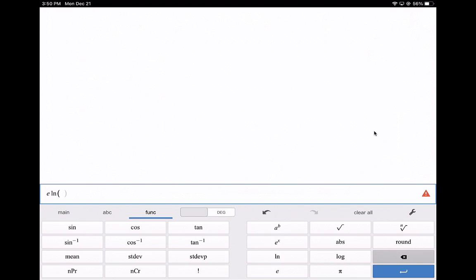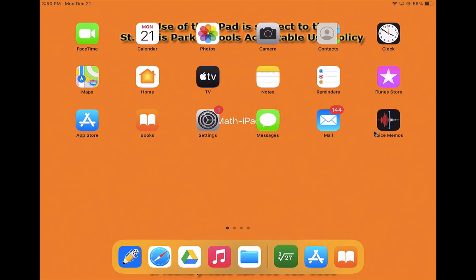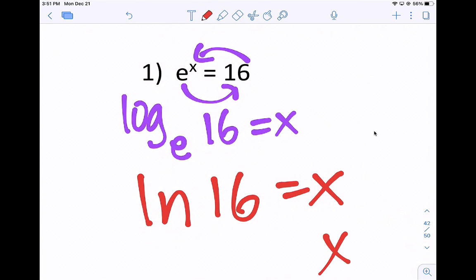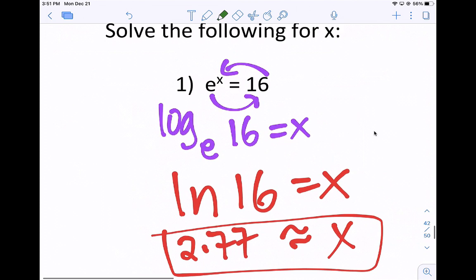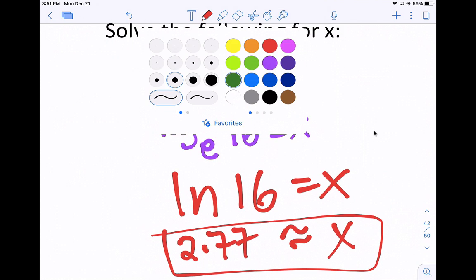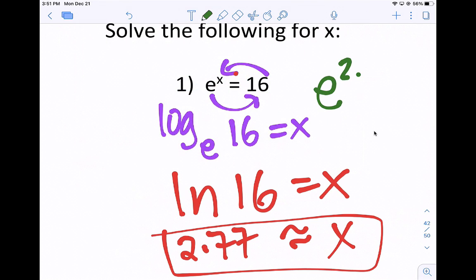Oh, let me delete this. All right, so ln of 16, and the answer is 2.77258, blah, blah, blah. So about 2.77 all round. So x is about 2.77. And what that means is in our calculator, if we were to type in e to the 2.77 power, we get really close to 16. So it's solving for that exponent.